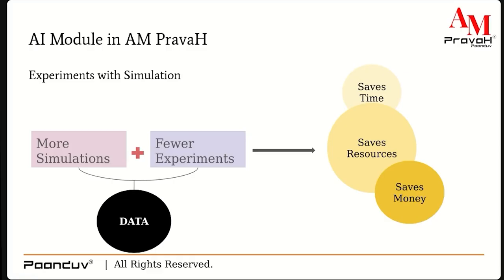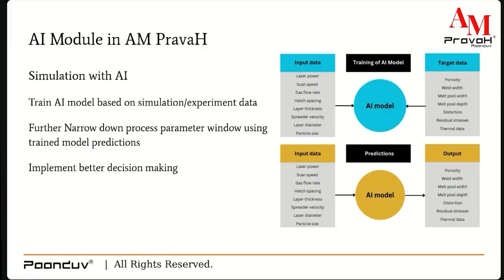So there come our AI modules in the picture, where we can train on all the data that we have, on whatever desired feature we want from a particular system, and use that data in future. We have the data, we don't want it to go to waste, we want it to give us more and more interesting results.